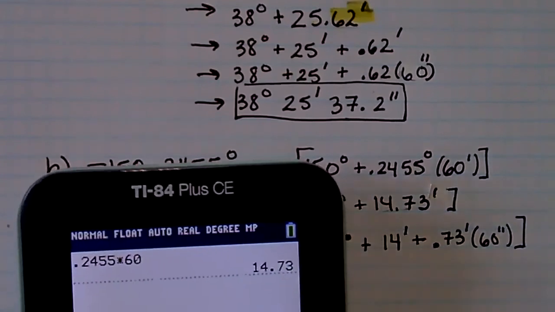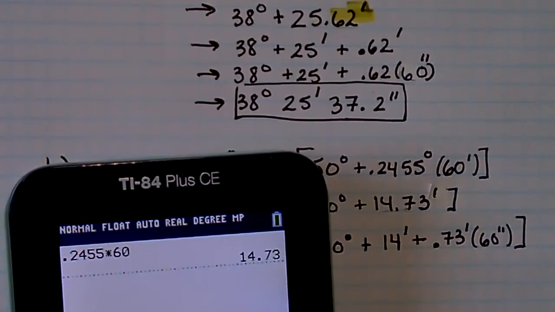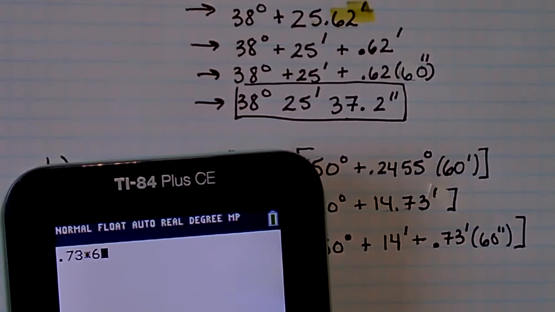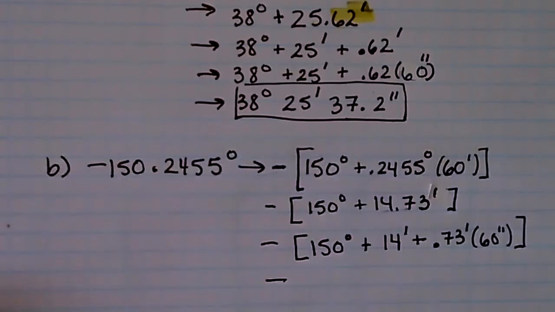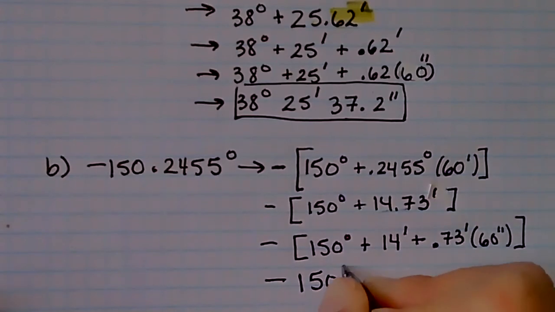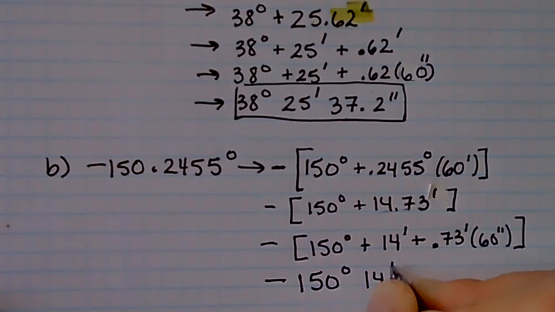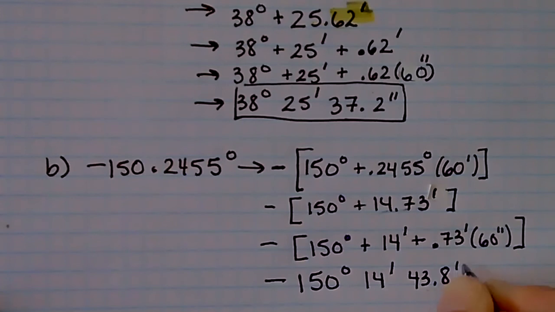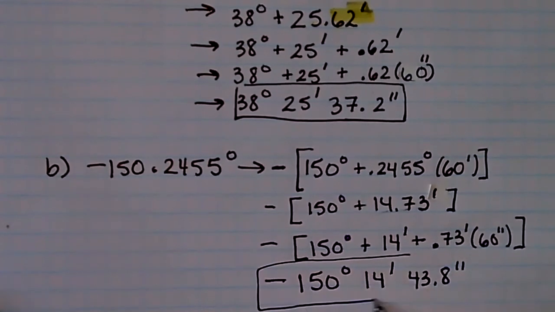And so when I do that and I take 0.73 times 60, I end up with 43.8. So I'm going to have negative 150 degrees, 14 minutes, and this was 43.8 seconds. And that's my answer.